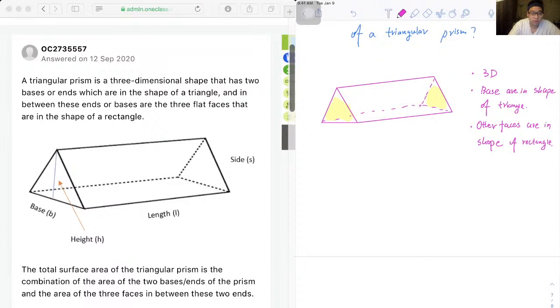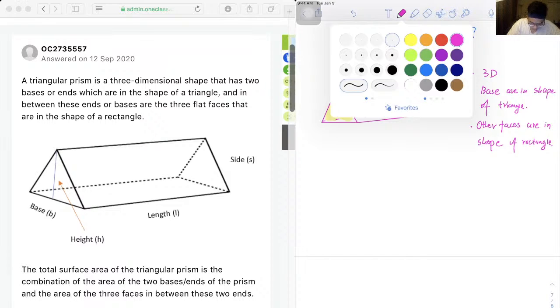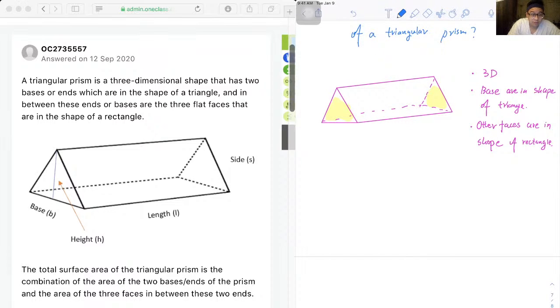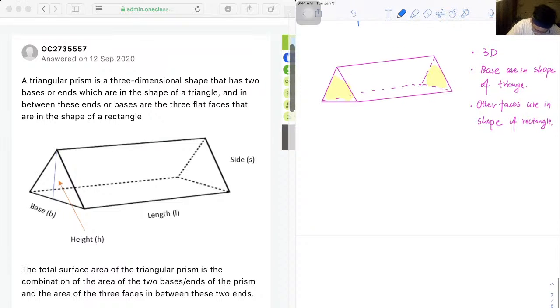Okay, so in terms of calculating the total surface area of this triangular prism, it is just a combination of the area of the two bases and the area of the three faces. So first, let's write that down. Let's call it A, surface area.